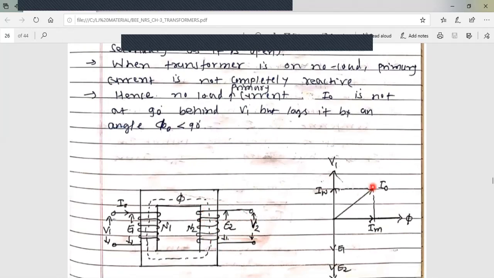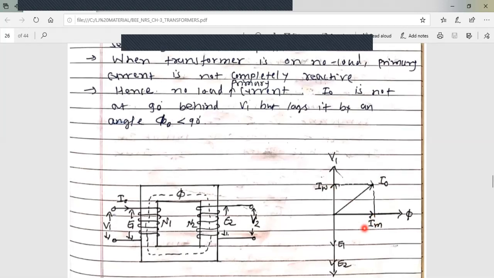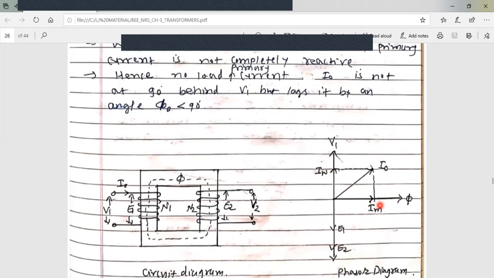Here, mainly we have focused on this component I0, which is the current. It has two components, Im and Iw. Iw is the active component, Im is the magnetizing component. Im equals I0 sin phi 0, Iw equals I0 cos phi 0.